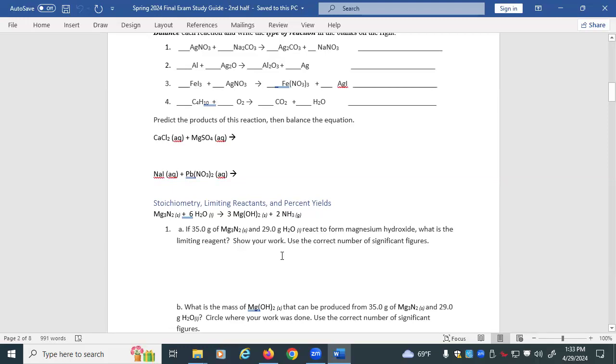In time, most of you have started to pick up on the differences between single replacement and double replacement, being able to identify decomposition, balancing equations properly. There is a key to this.